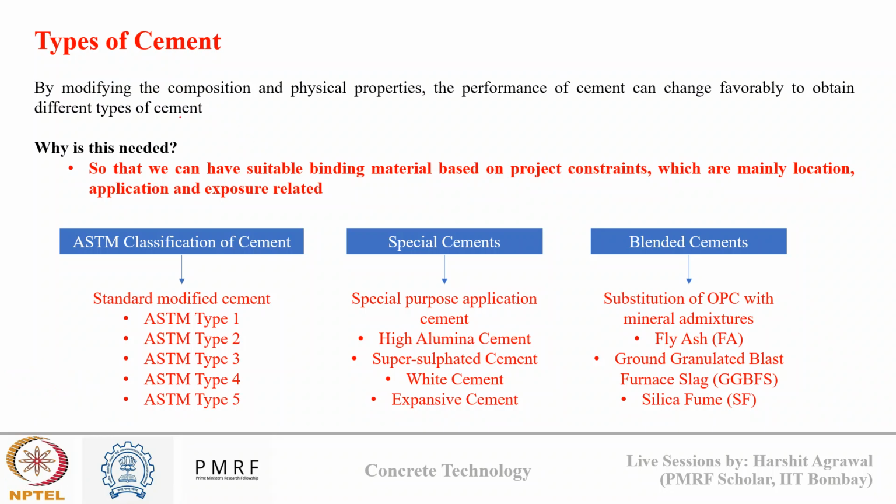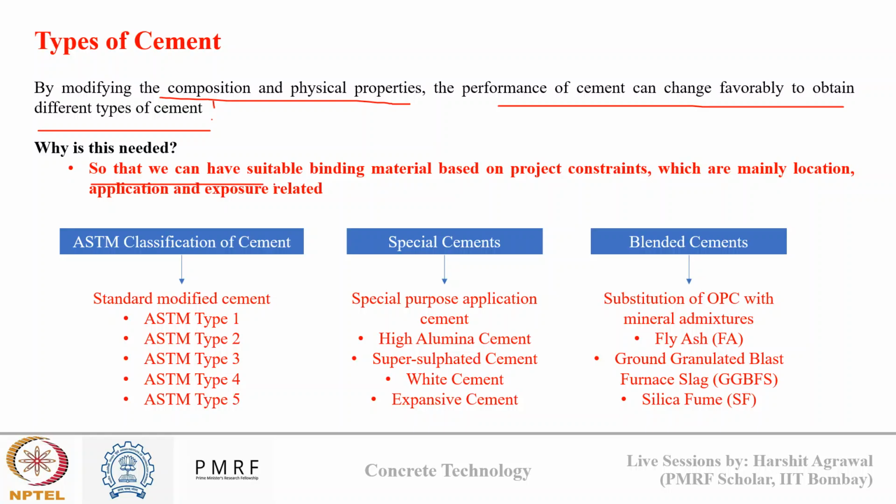From our understanding till now, we can say that simply by modifying the composition or physical properties of cement, the performance of cement can be changed favorably to obtain a different type of cement. So the first question that comes to our mind is, why is this needed? Why do we need different types of cement?